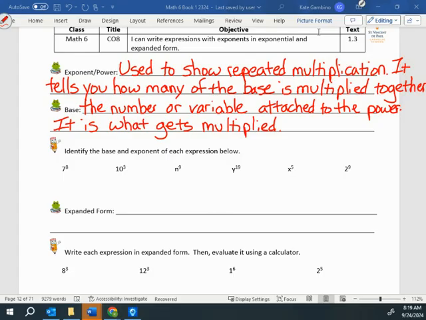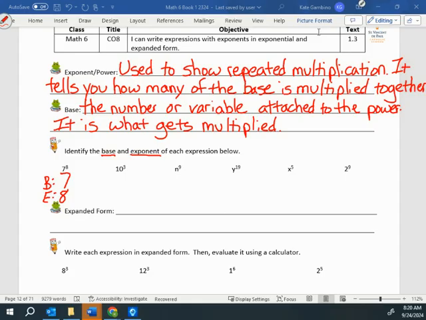So, if we look at 7 to the 8th power, we need to say what's our base and what's our exponent. So what's the base of 7 to the 8th power? Lila? 7 is that big number. What's the exponent? Lexi? 8. It's the little number. So 7 to the 8th power is not 7 times 8.